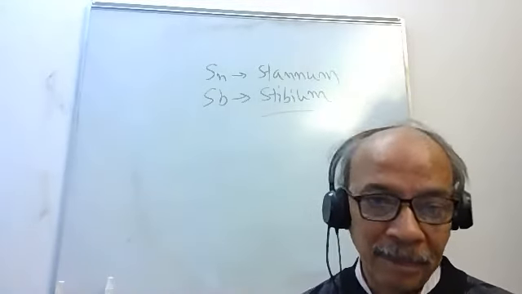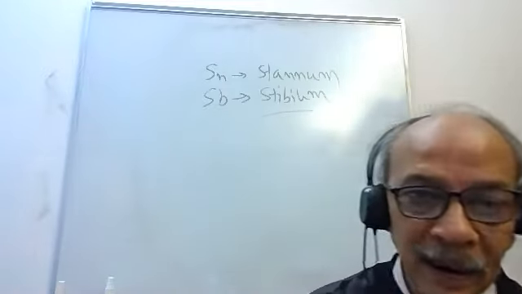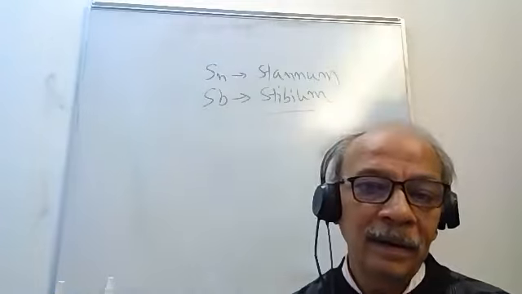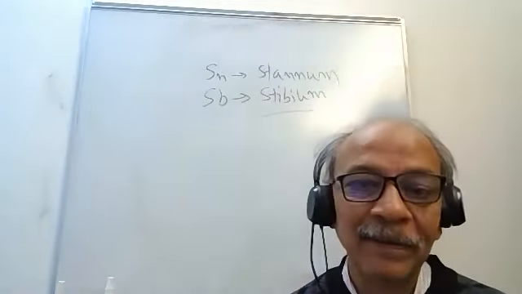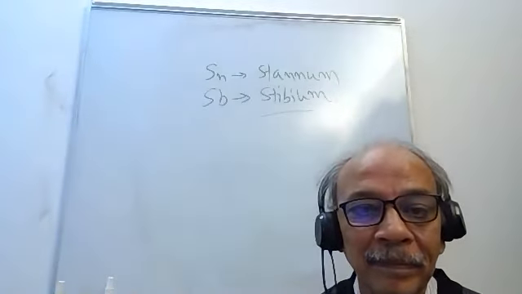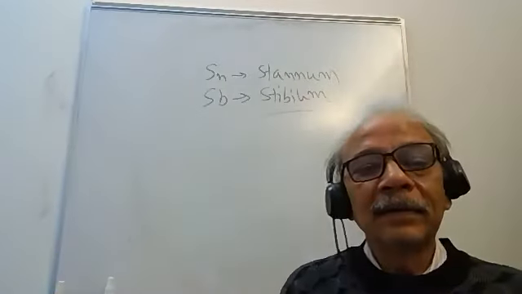Copper is cuprum. But others are okay, like manganese, nickel, cobalt. Iron is ferrum, so that's going to be slightly different. Ferrate, we don't say ironate. Thanks for asking, Austin. Okay, other things?